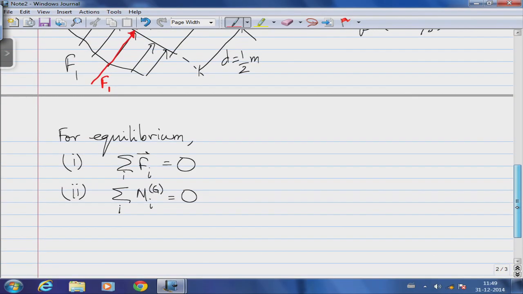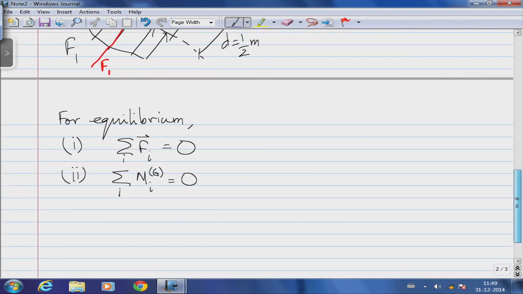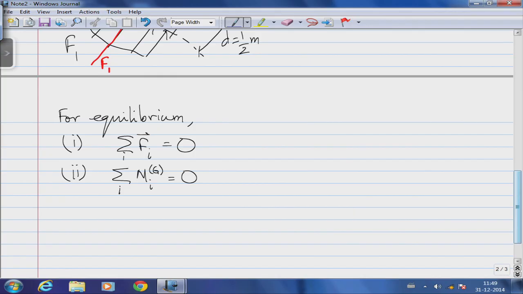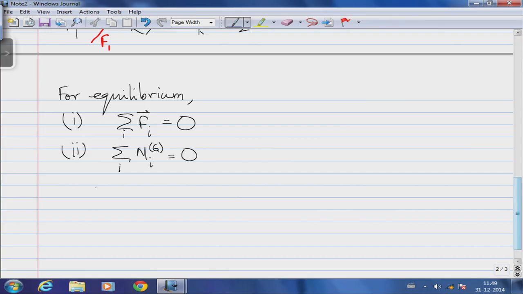So, let us see if we are now ready to apply our laws of equilibrium. What we find is, now let us take the summation over all the forces F i equal to 0.